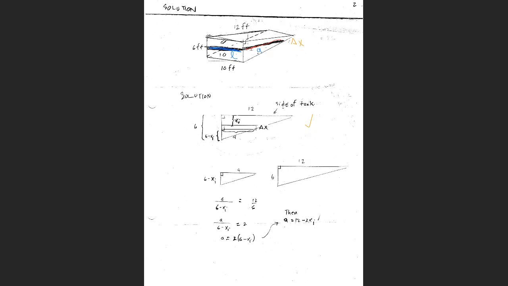Here is the side of the tank. So you have two triangles. You have one triangle, the big one, that has height 6 feet, if we're just looking at that triangle on the side, and length 12 feet.